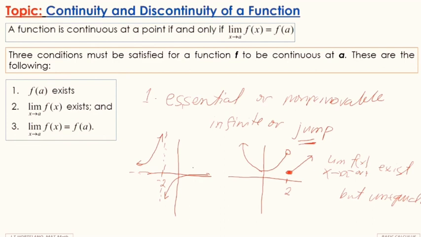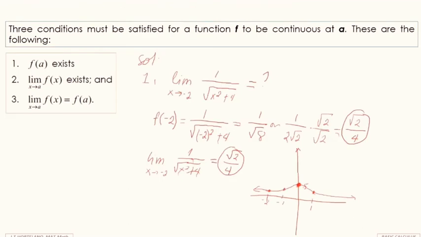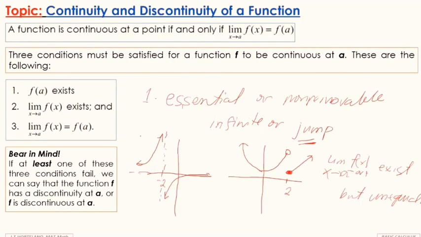Now, in case there is a discontinuity, we have two types. If at least one of these three conditions fails, we can say that the function f has a discontinuity at a. The first type is essential or non-removable.